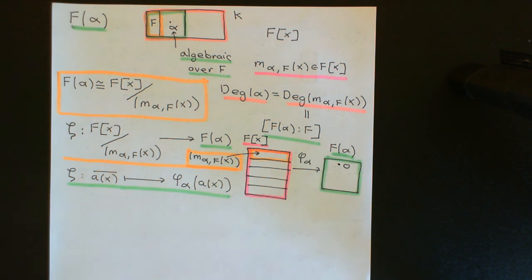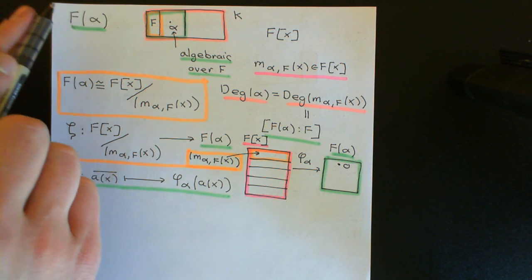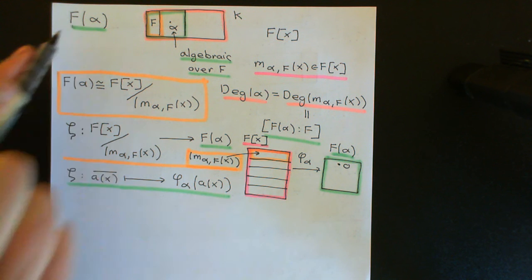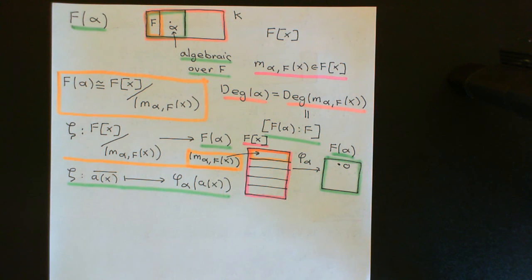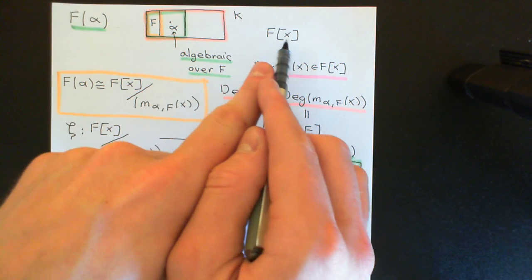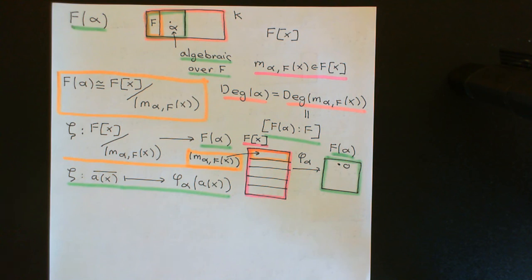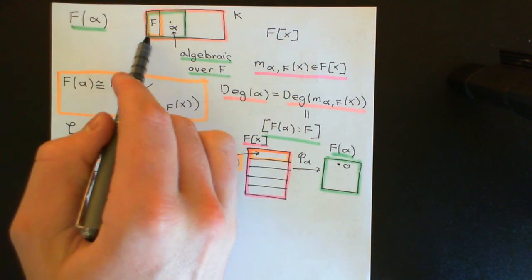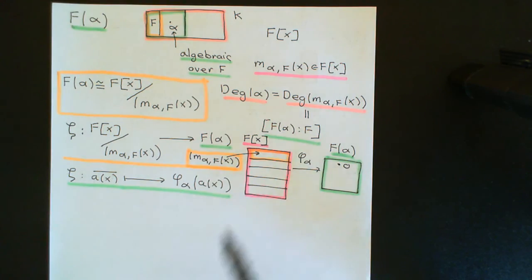What I'm telling you here is how to construct this thing. I'm telling you that if you want to construct the field generated by alpha over F, which previously we didn't really understand that well, now we know exactly how to construct it. Just evaluate all of the polynomials over the field capital F at this element alpha, collect together all of the answers you get. Of course you will get the entire field capital F because of all the constant polynomials here, which will just be mapped onto themselves.